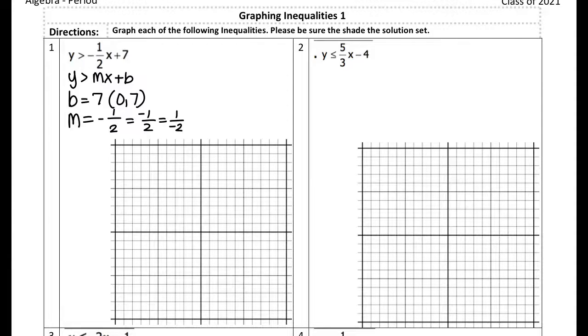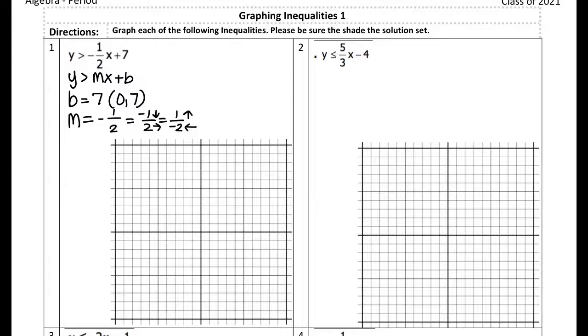Depending on which way I decide to write it, this tells me how to move. Either I'm going to go down 1 and over 2, or I'm going to go up 1 and back 2 spaces. Okay, so I have all the information I need to draw my line.